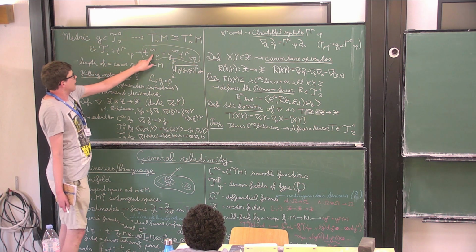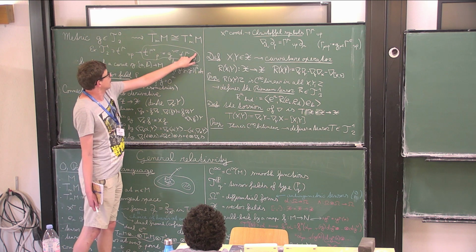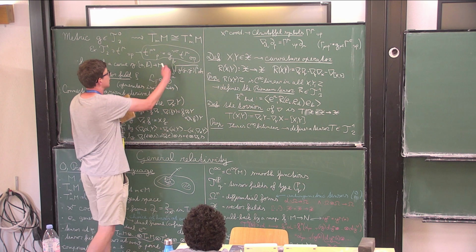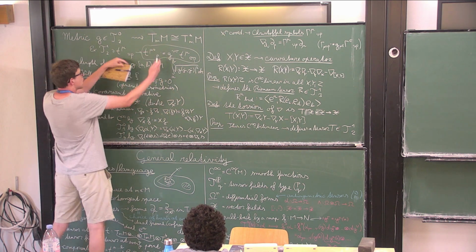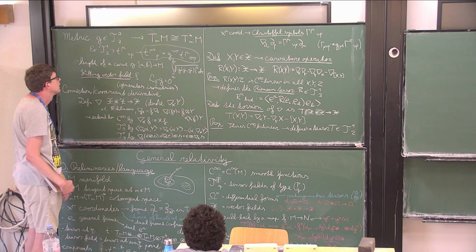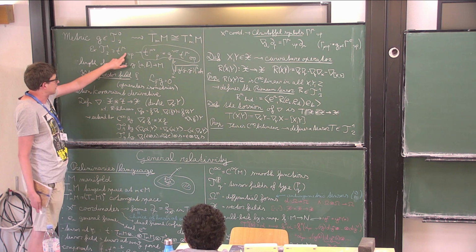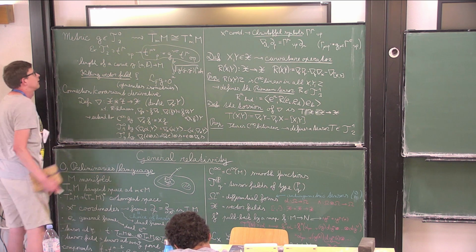Because I could just as well have raised the last index, the rho index. I could have written a different expression, and those would be different things. So it's good practice to write things like this instead of just cramming everything to the left.